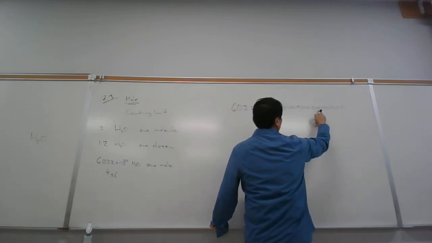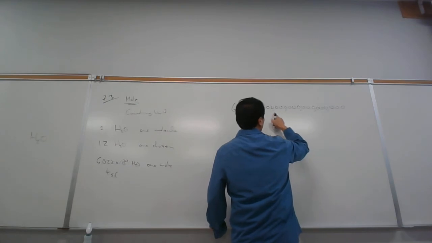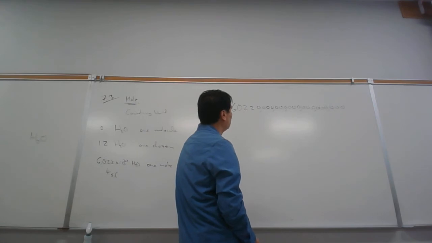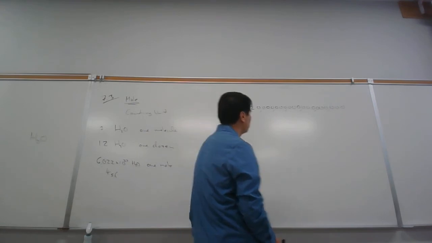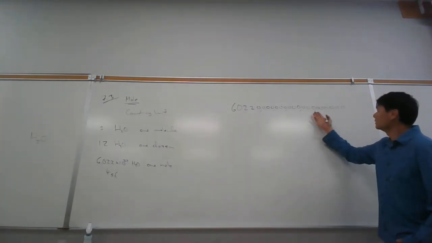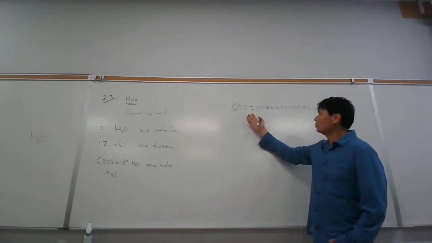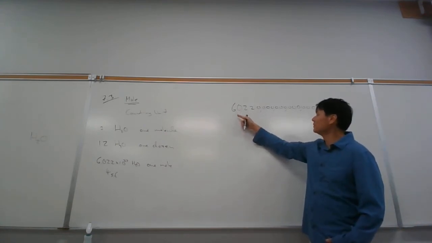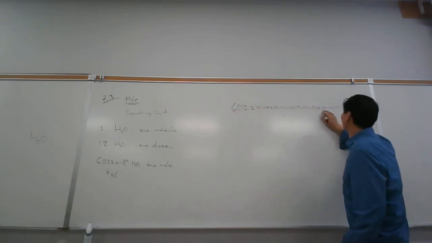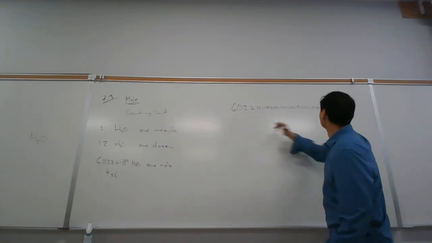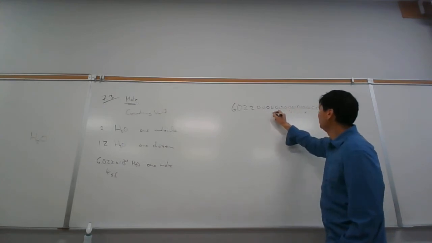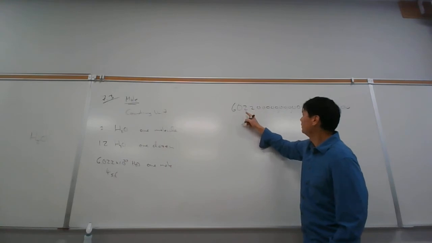No, I miscounted this. So this should be 23, 3, 6, 9, 12, 15, 18, 21, 22. I'm missing one, sorry. Didn't quite look right. That should be it. So this is 3, 6, 9, 12, 15, 18, 21, 22, 23.